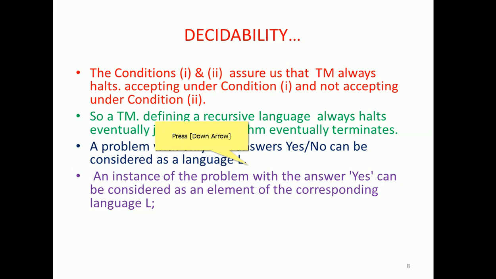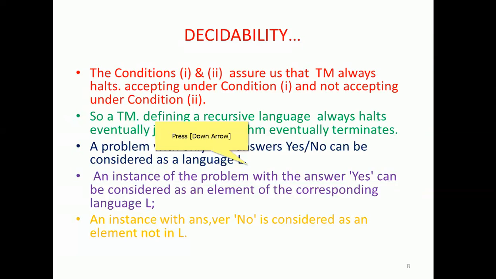An instance of the problem with the answer yes can be considered an element of the corresponding language L. An instance with the answer no is considered an element not in L. So in the yes case the element exists in the language, and in the no case it does not.